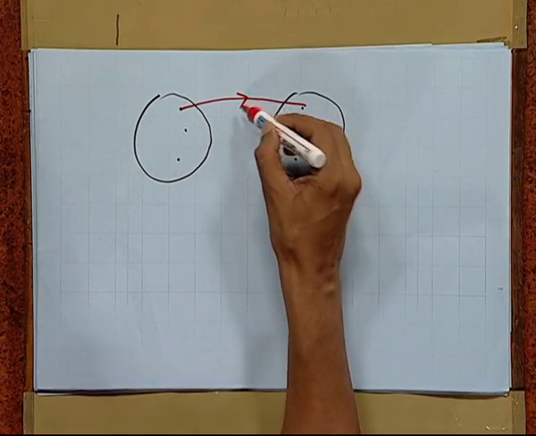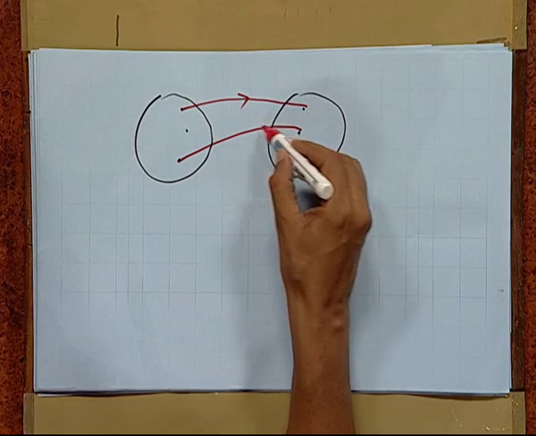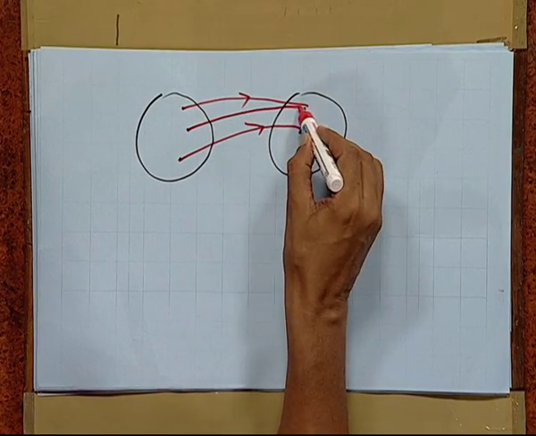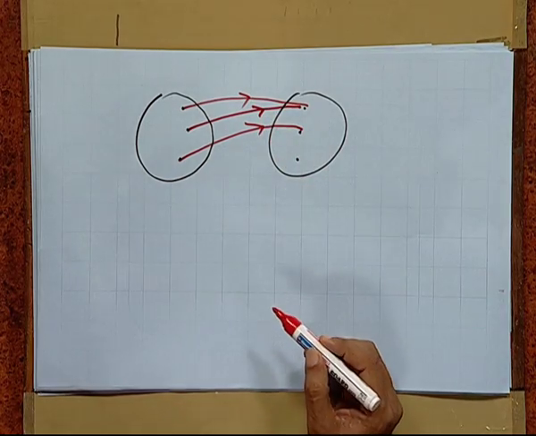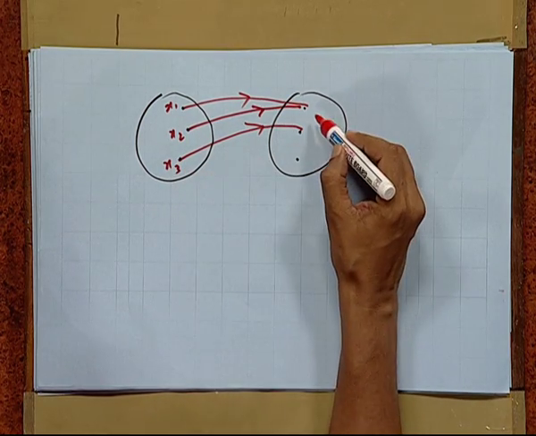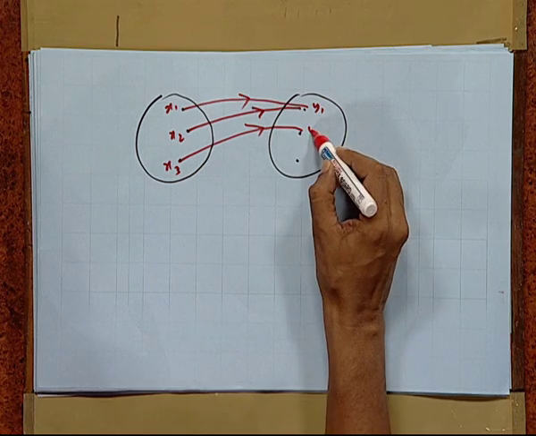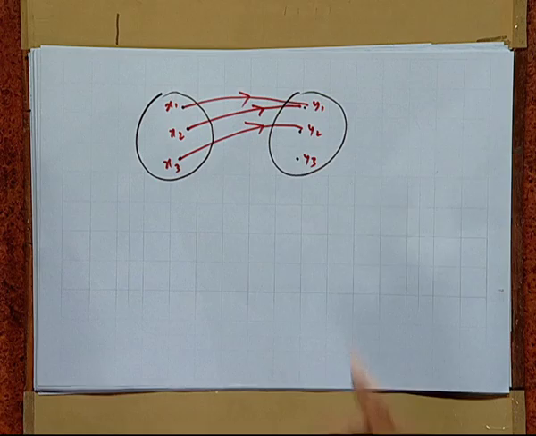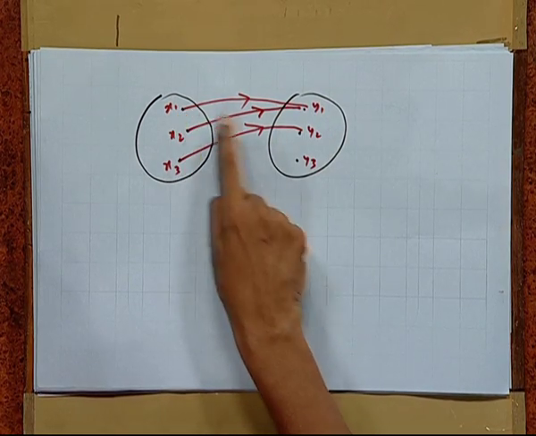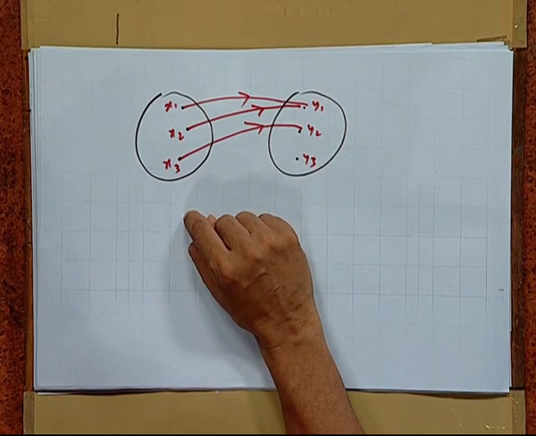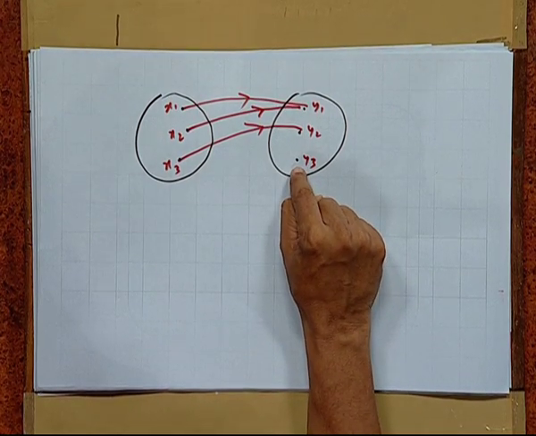If we link it like this, here the elements x1, x2, x3 are linked to y1, y2 of the second set. Here y1 is the image of x1, also the image of x2, y2 is the image of x3 and y3 is the image of none.